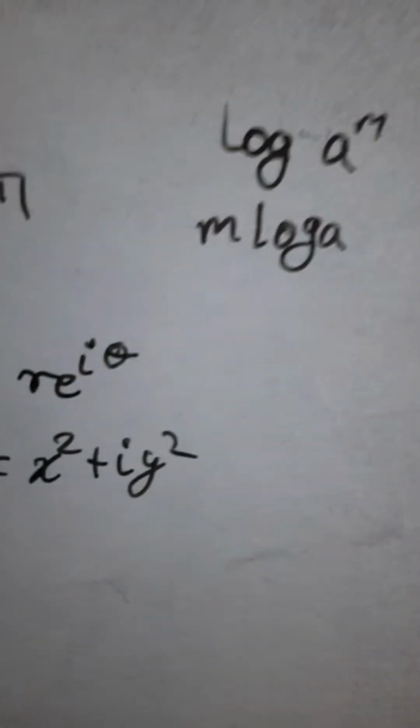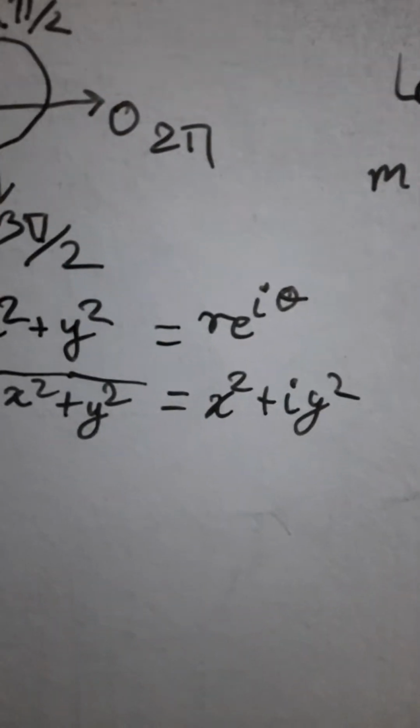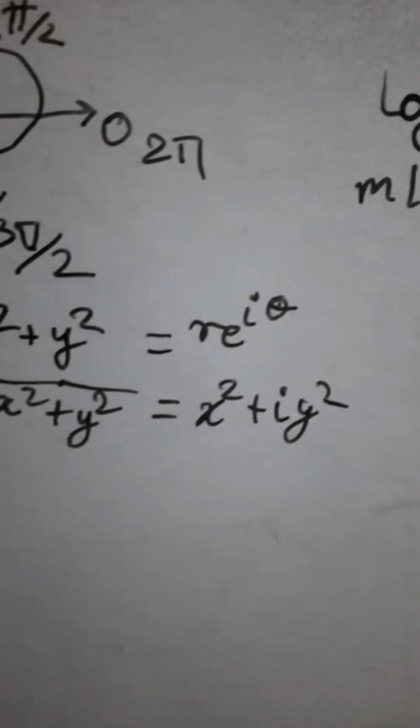So log actually cancels the power, and it becomes a number. You have to remember it like that, though it is not actually like that. Okay, this is the formula. Now, what other formula can we have? I have to show you another formula.